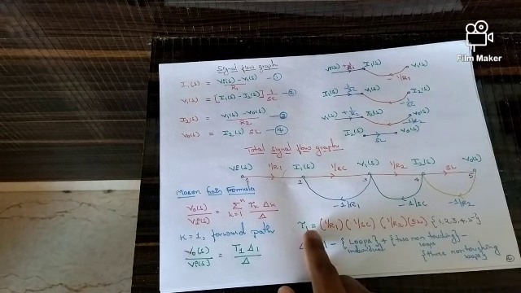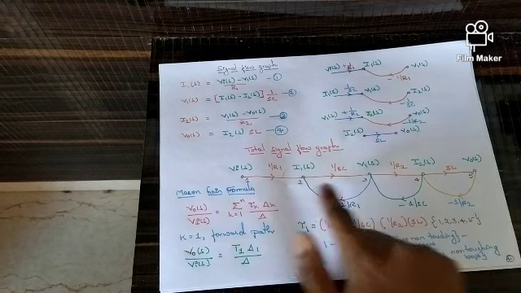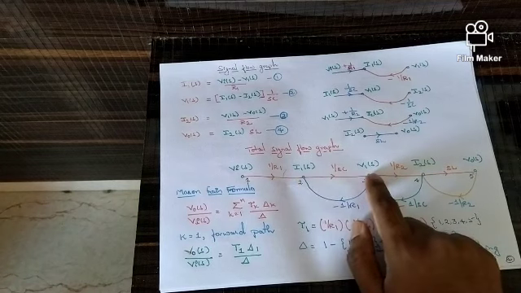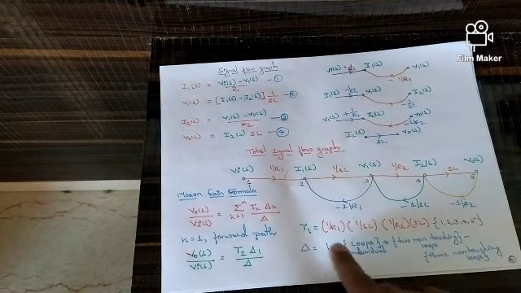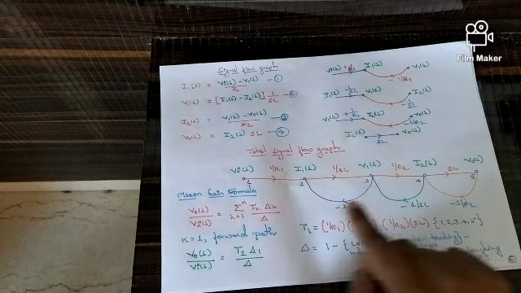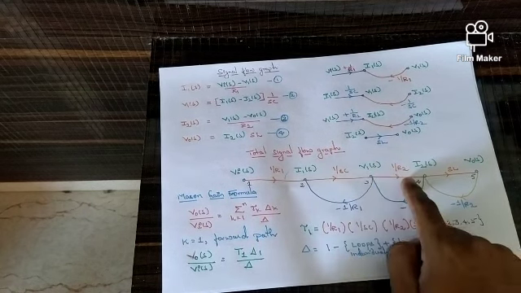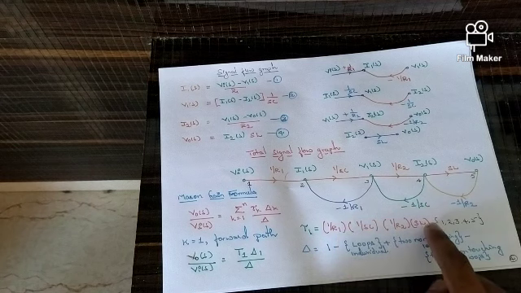So T1 is nothing but the total gain in the system. And when we write the signal flow graph, we are not worried about I1 of s, V1 of s, I2 of s and V0 of s. Why? Because we are simply concentrating on T1, the total gain of the system. In the gain path, we have 1 by R1, 1 by SC, 1 by R2 and SL. So T1 is 1 by R1, 1 by SC, 1 by R2 and SL.